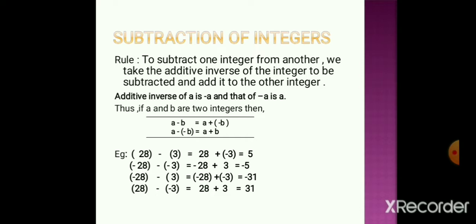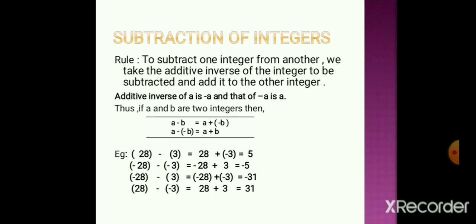So it becomes minus 28 plus 3. Then the third one, minus 28 minus minus 3 is equal to minus 28, the first number, plus the additive inverse of minus 3, that is minus 28 plus 3.